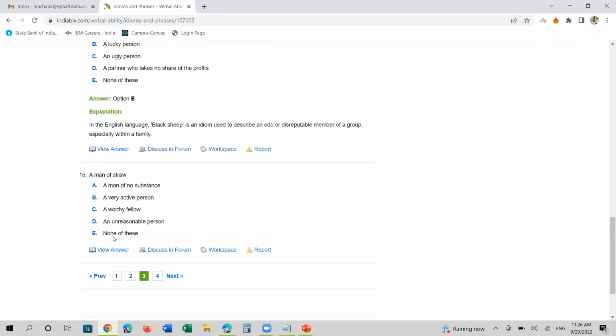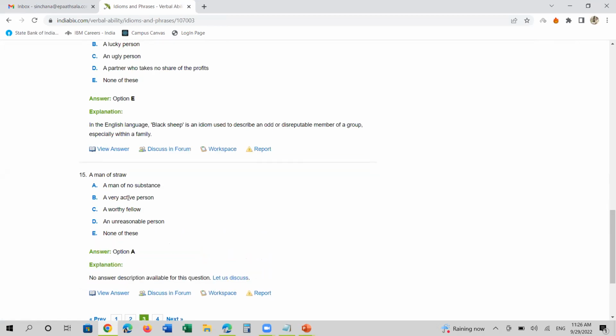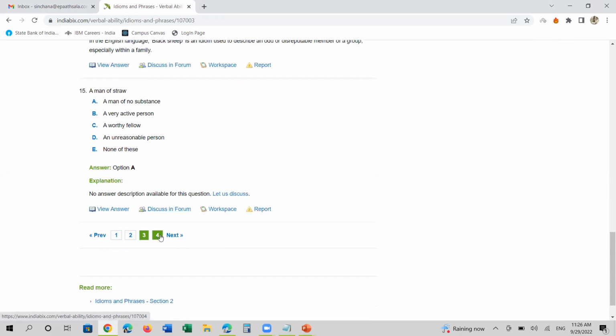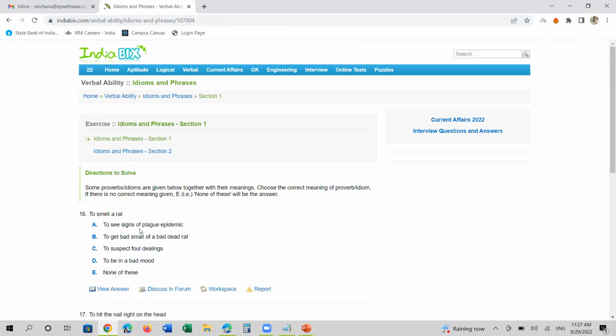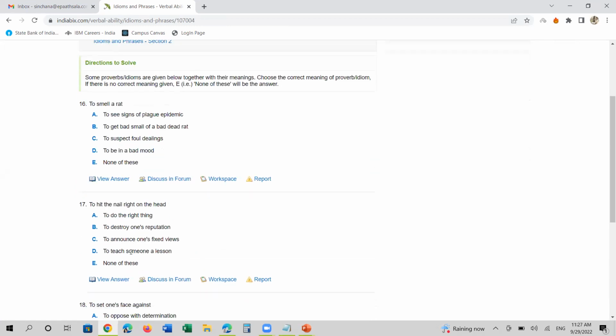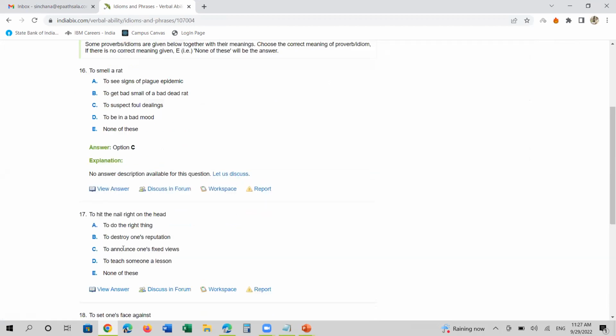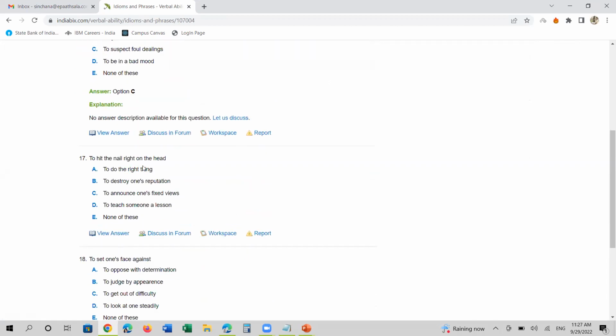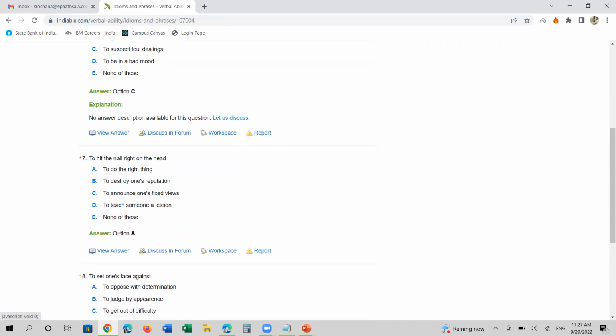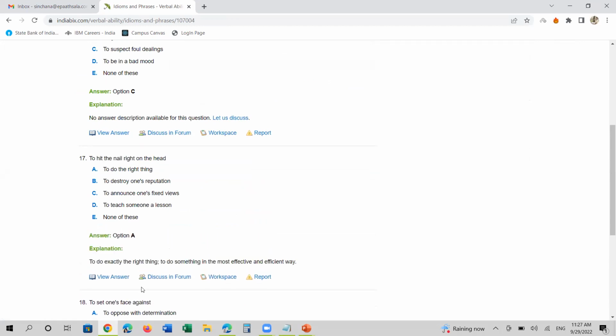Man of straw means man of no substance. To smell a rat means to suspect foul dealings. Number C. To hit the nail right on the head means to do the right thing.